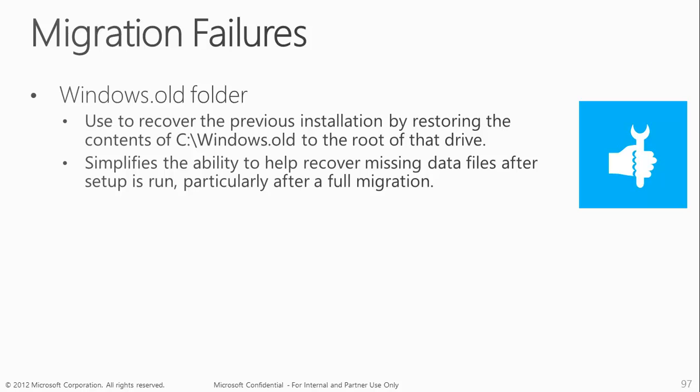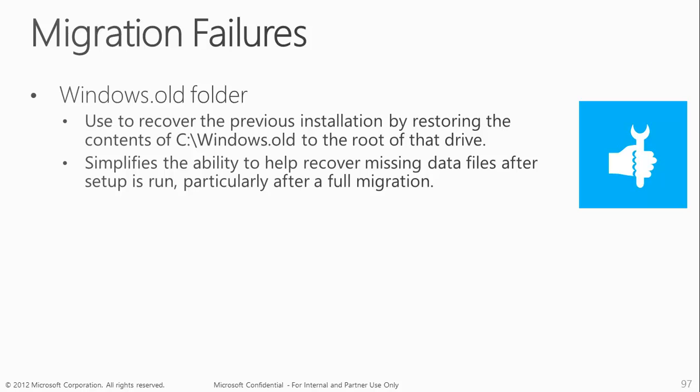Windows 8 preserves the previous Windows installations in a windows.old folder. Regardless of the migration method selected, this means that you can generally recover the previous installation by restoring the contents of windows.old to the root of that drive. This also gives support a significantly simplified ability to help recover missing data files after setup was run, particularly after an upgrade.